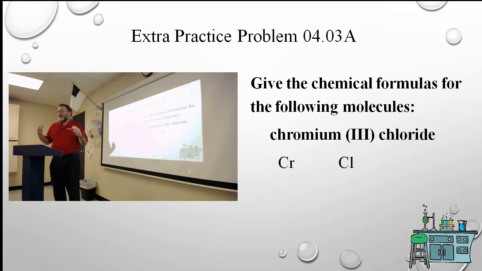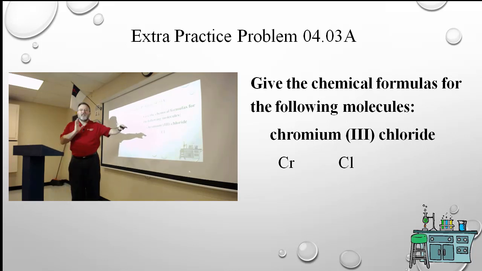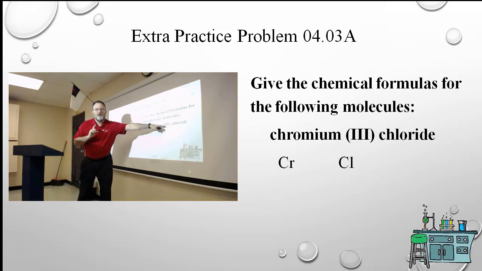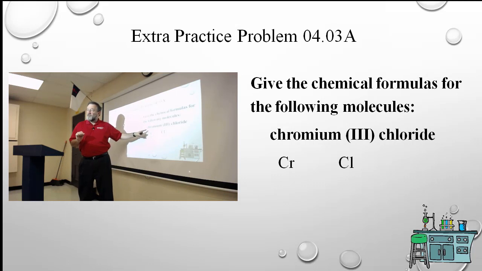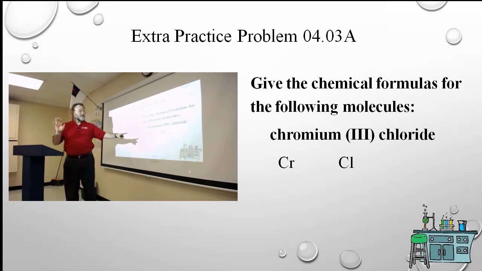It doesn't play by the A column rule. They give it to you. It's right there, because it has a 3, okay? So it's chromium 3 plus because it's a metal, and they've told us it's going to have a charge of 3.